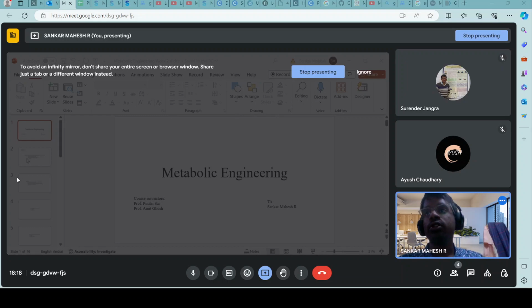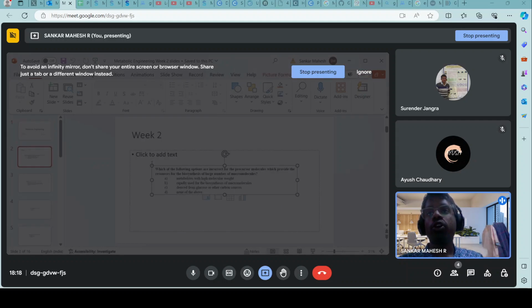For this week's course, what I could understand from the lectures is that it was mostly related to the metabolic pathways within the cell, the pathways that convert sugars, the three different pathways, and transport system pathways.